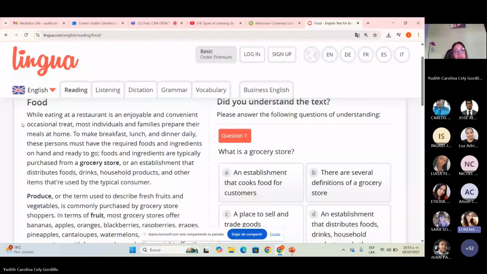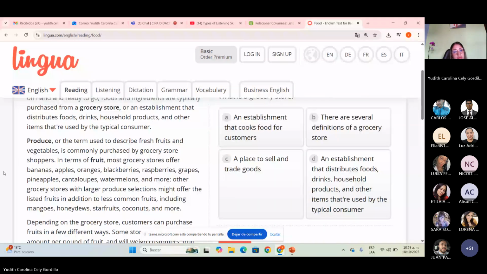Foods and ingredients are typically purchased from a grocery store, an establishment that distributes foods, drinks, household products, and other items for use by the typical consumer. Produce is a term used to describe fresh fruits and vegetables, commonly purchased by grocery store shoppers.